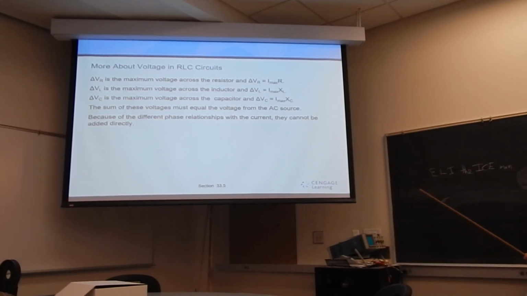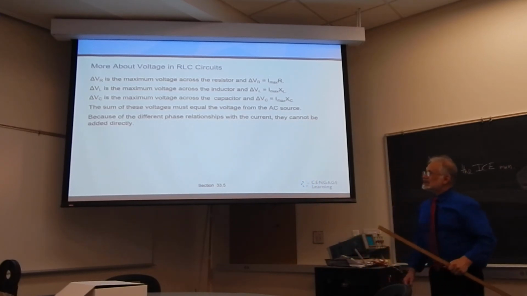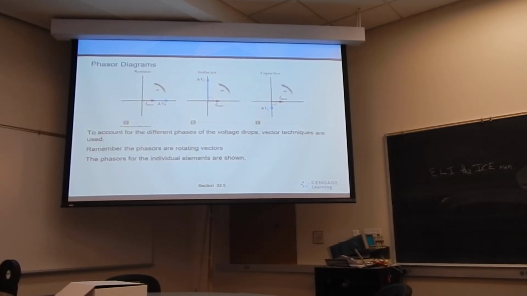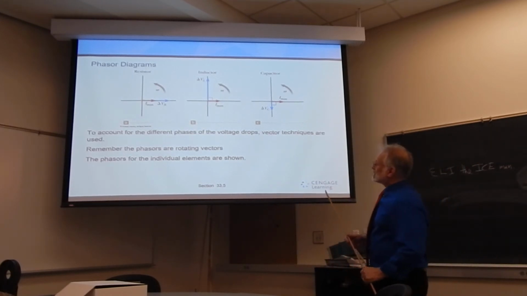Now, the problem is that it's not quite a simple addition, because the phase relationships are different, so I can't just add them directly. So let's have a look at what we can do. Let's look at the phasor diagrams again. We can use phasor techniques for these three cases.